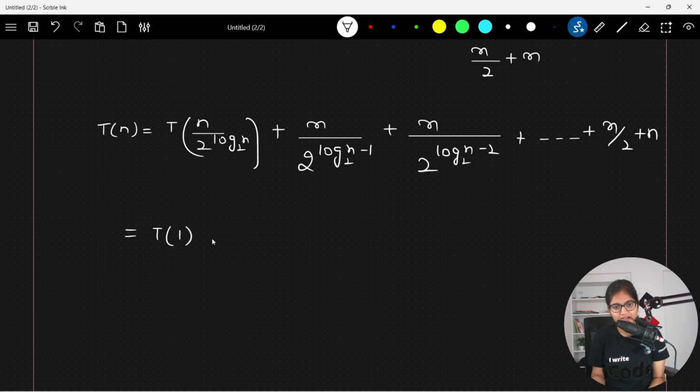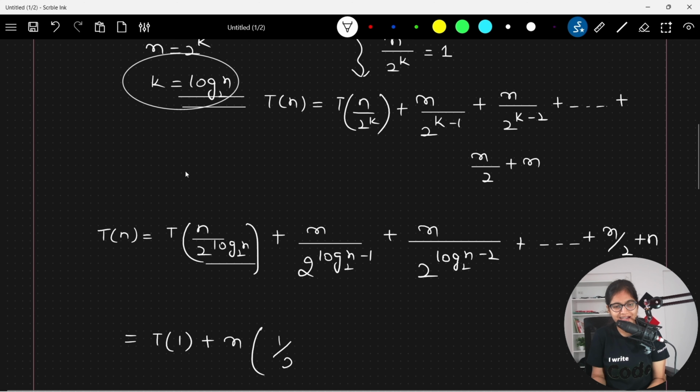Now here if you see, we will be able to get the value as T(1) plus, and here we can take n as common, and again we are getting 1 divided by, again see why we are getting this. Maybe most students will not get an idea how I am writing this. So this n and 2 can be interchanged with each other.